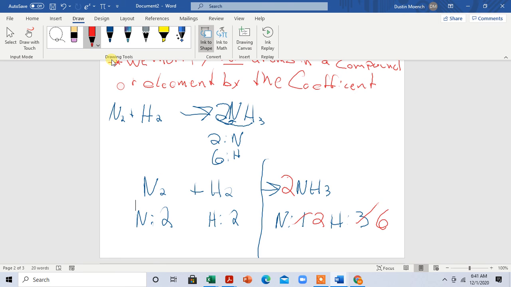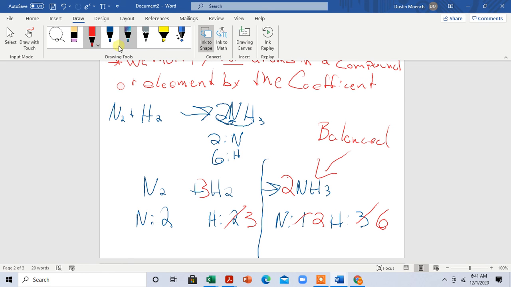I have 6 H's over here and 2 over here. Is there some number I can put here so that this times 2 equals 6? There is. That's 3. So now this equation is all balanced. You don't need to put a 1 out in front here if we're not changing this. We're just going to leave it like this. So now this is balanced.